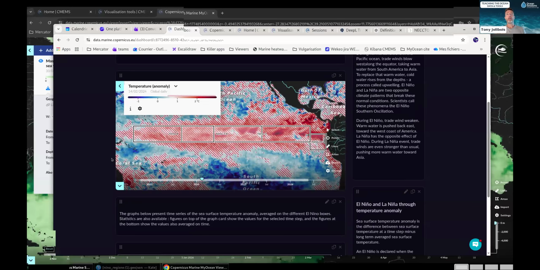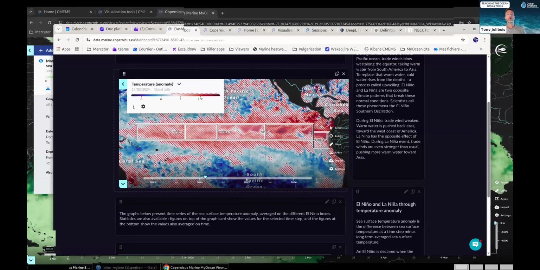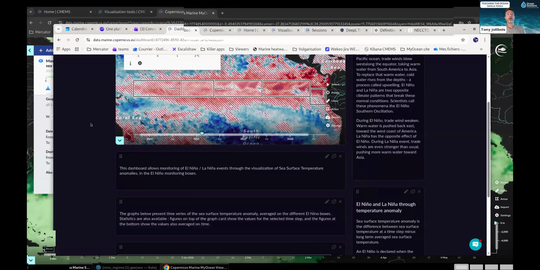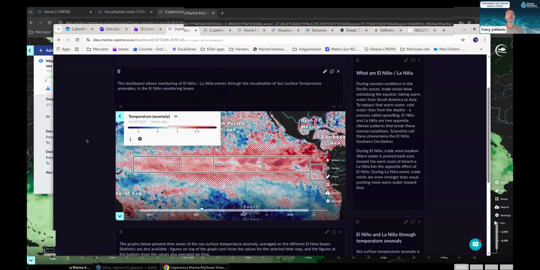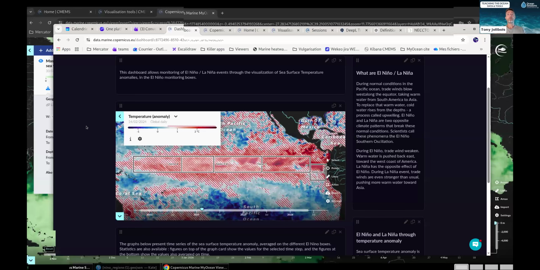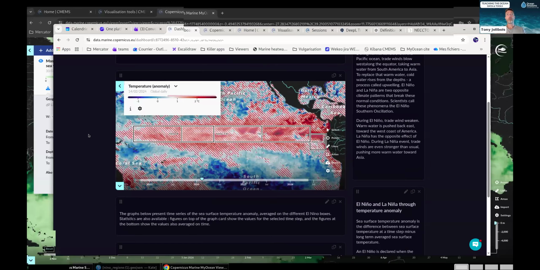And you can play with maps and graphs and so on. You can move them as you want, and you can annotate all the maps and graphs you have just created.